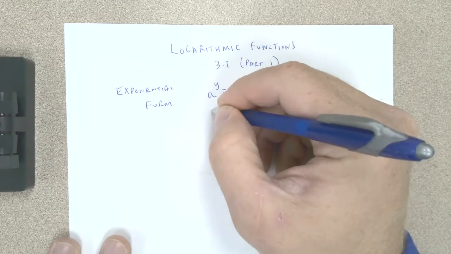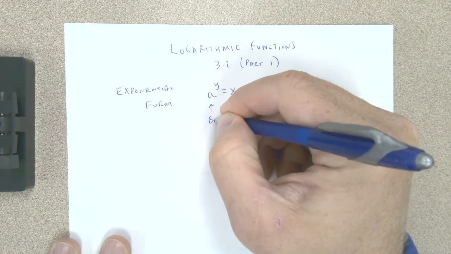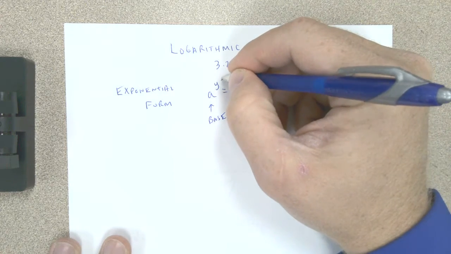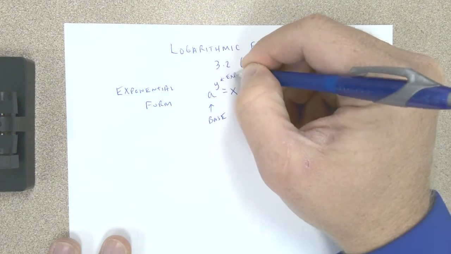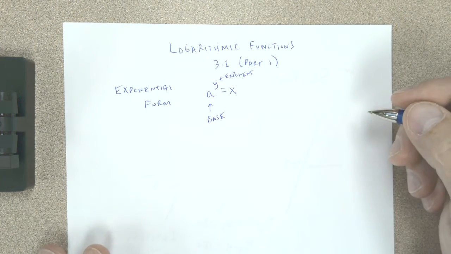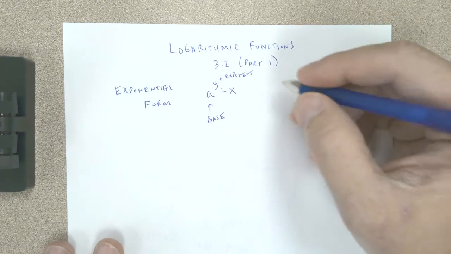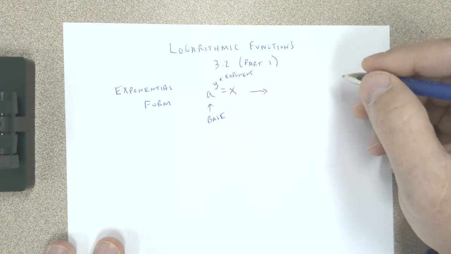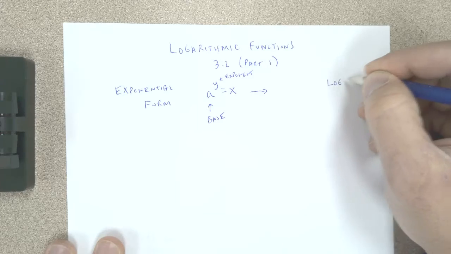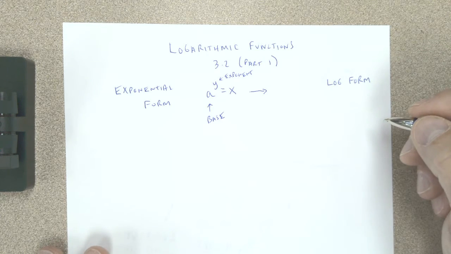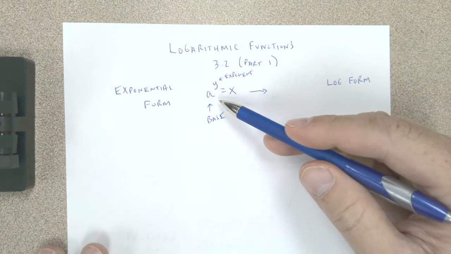We say that the a in this form is the base and the y is the exponent. So if I'm going to change that to logarithmic form or log form, to do that, basically, I'm going to keep the base.